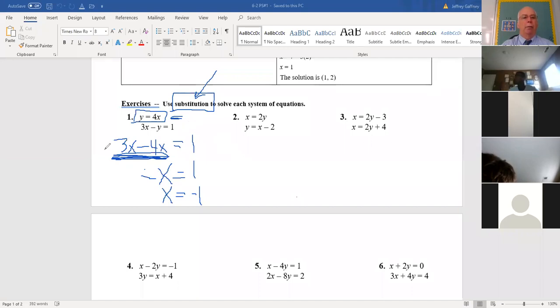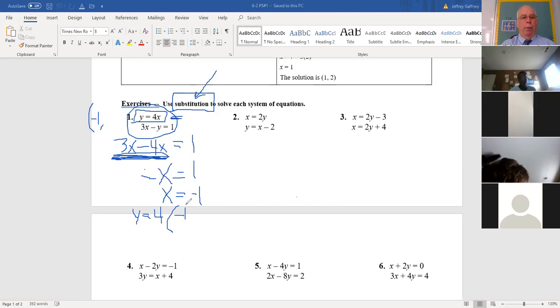Now I've got one half of my ordered pair. I know it's -1 and something. Since I know what x equals, I can take either one of these two equations up here, it does not matter, and substitute -1 for x and solve for y. So I'm going to substitute once again. Since that top equation is a lot simpler to navigate, I can go y equals 4 times -1.